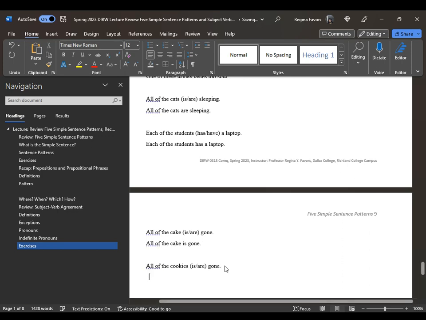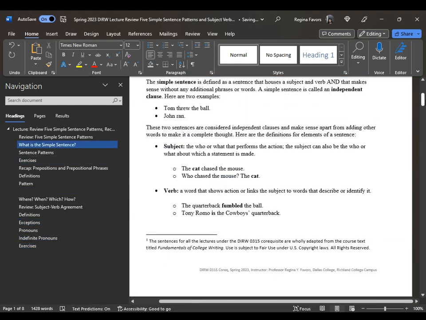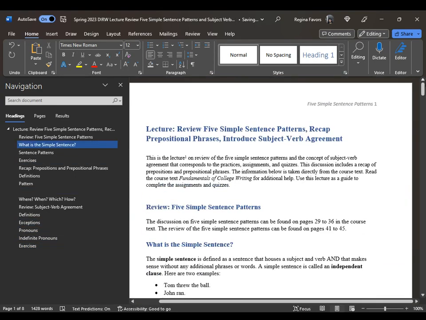All of the cookies are gone because cookies is in plural. So understanding the subject first will help you to know how to conjugate the verb. So this is a review of five simple sentence patterns, a recap on prepositional phrases, and then a little bit of introduction to subject-verb agreement.